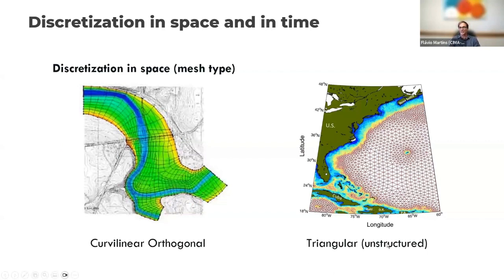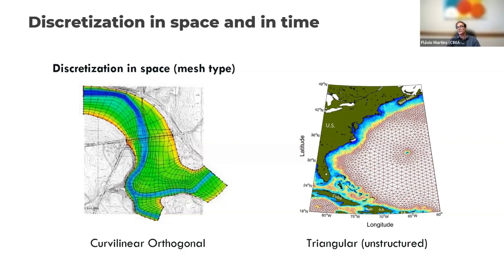The big difference between these two families of grids is that whenever you have a structured grid, every cell in the grid can be identified by indexes. Even in this complex curvilinear grid, this cell here has an index number I, J, K. You can say this is cell 247 in I, 250 in J, and 24 in K, the three directions of space.